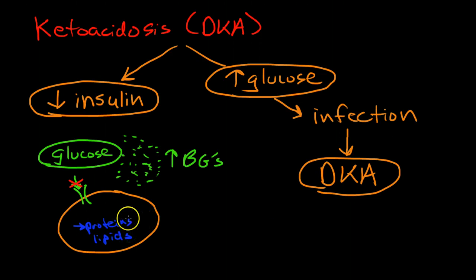Now, our bodies can work fine with just proteins and lipids, but when we use a lot of proteins and lipids, one of the byproducts of their metabolism is ketone bodies, or ketoacid.